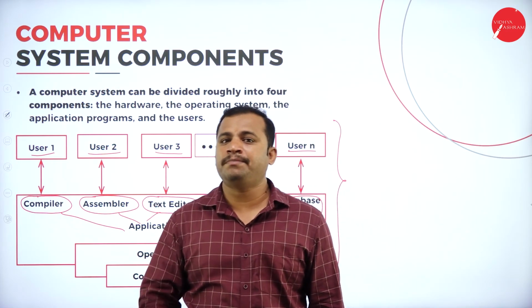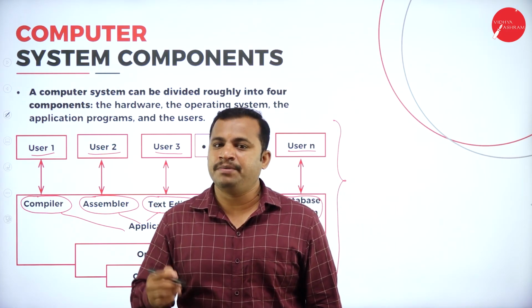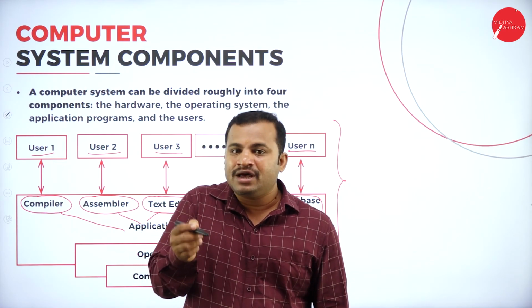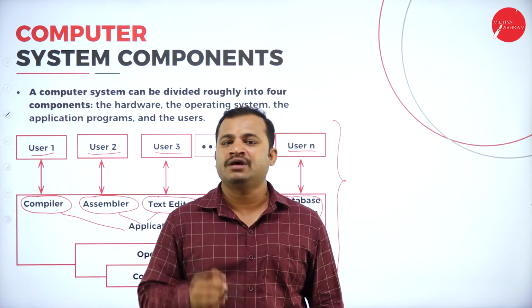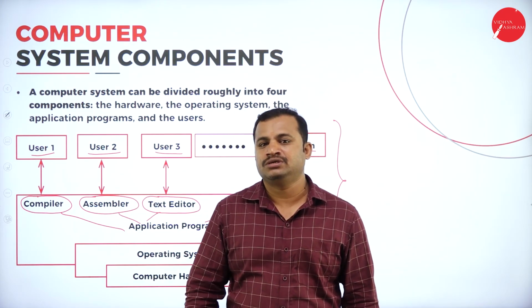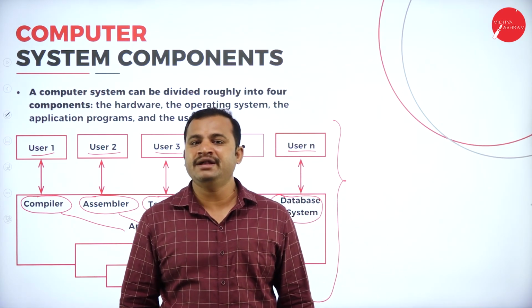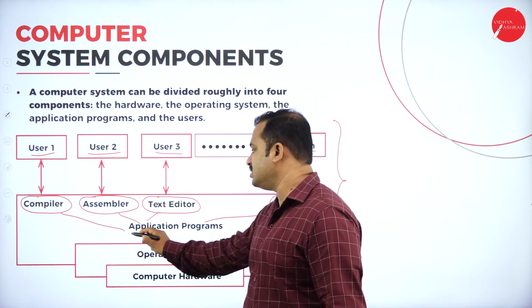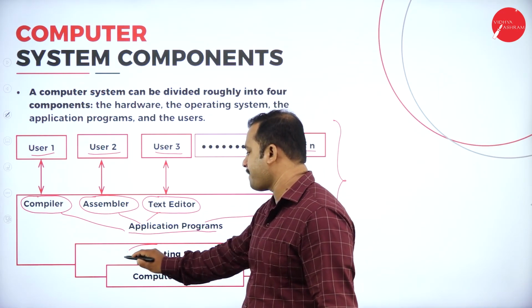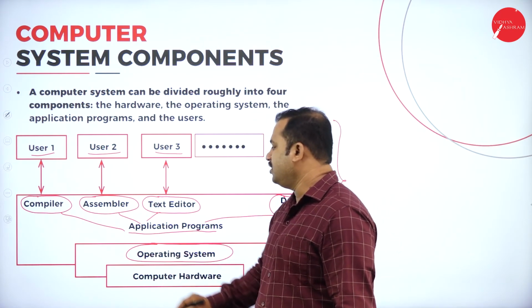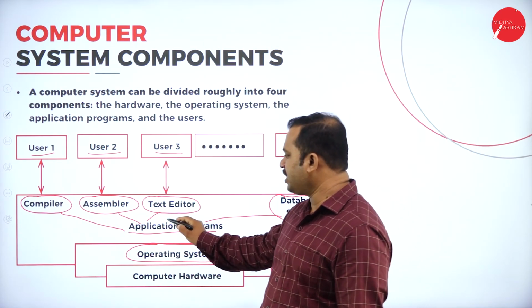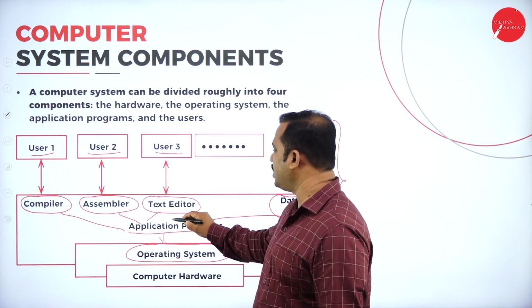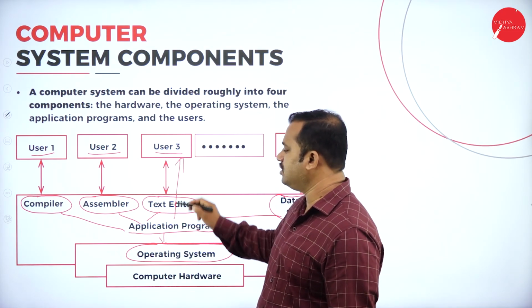Then what about the application software? An application software is a software that interacts with another system software as well as users. That is the main difference between an application software and a system software. If you look at this, application software interacts with operating system as well as the users, right?